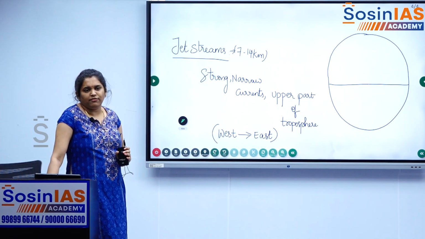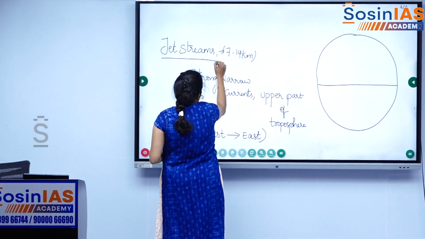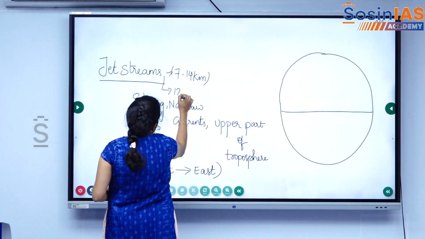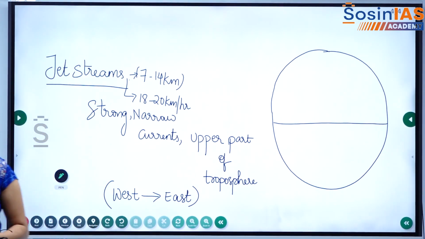Jet streams move faster in winter and relatively slower during summer. Relatively slow means compared to winters it will be a little slower. That doesn't mean they will move with a slower pace.